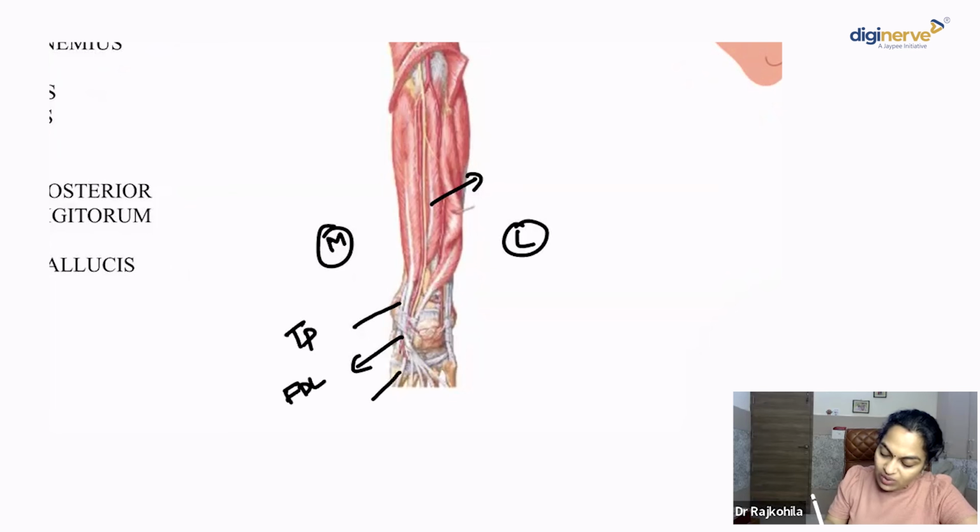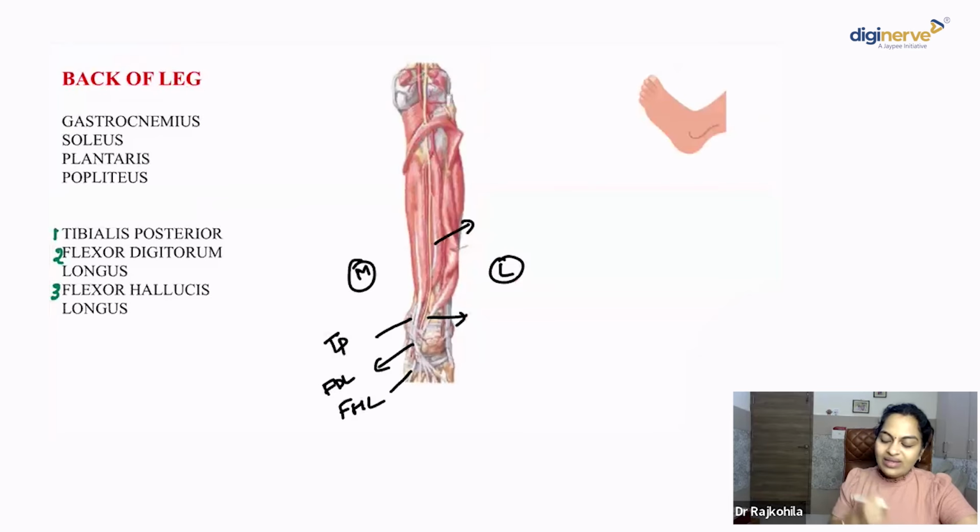And here, this is the flexor hallucis longus going towards the great toe. All these are again innervated by the tibial nerve. You know that the tibial nerve beneath the flexor retinaculum is going to divide into the medial and lateral plantar nerve that reaches the sole to supply the muscles in the sole.